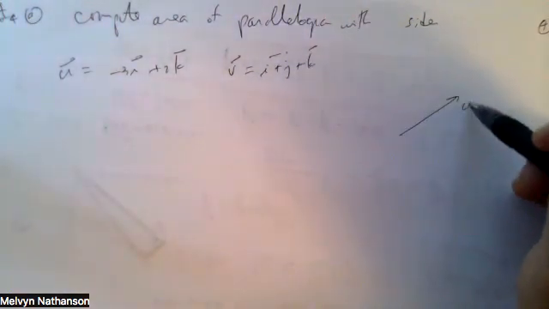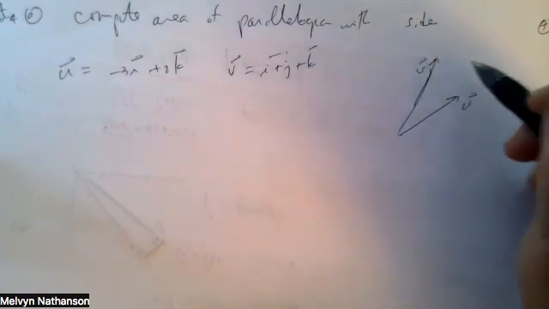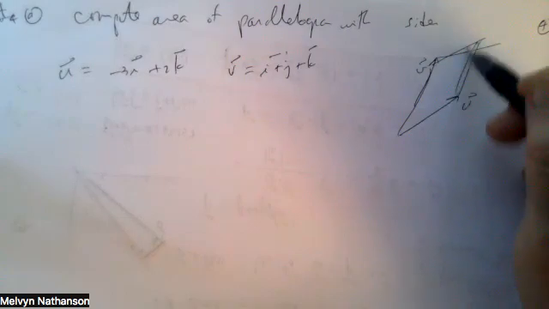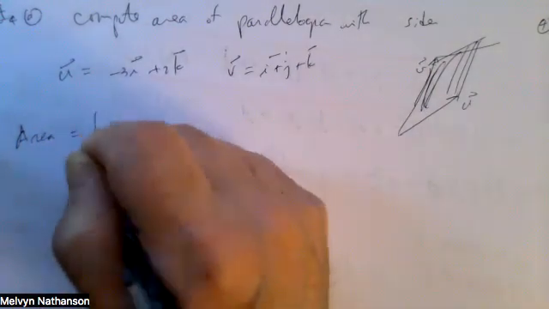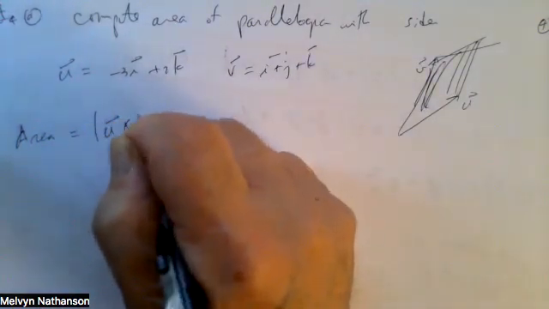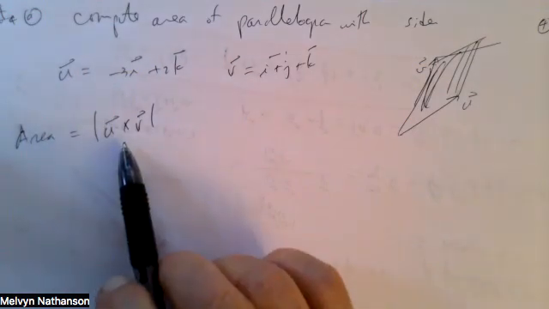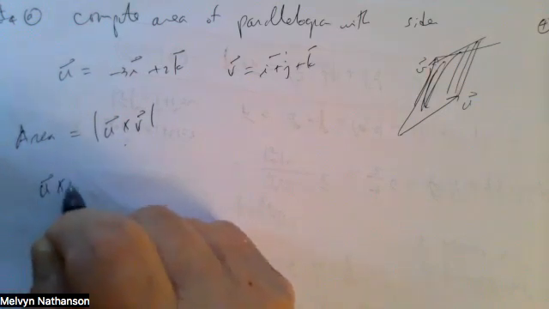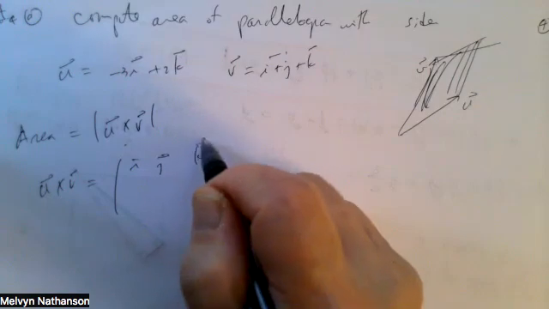Right? So we have U, we have V, they form a parallelogram, and we want to find that area. And the area is equal to the length of the vector U cross V. Right? So I have to calculate the cross product and take the length of that vector. So the cross product, I write i, j, k.